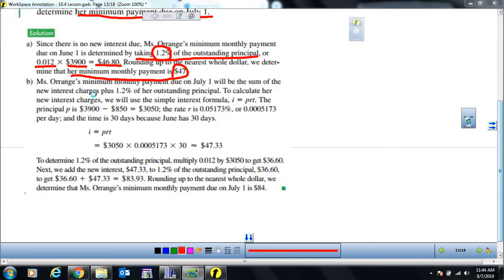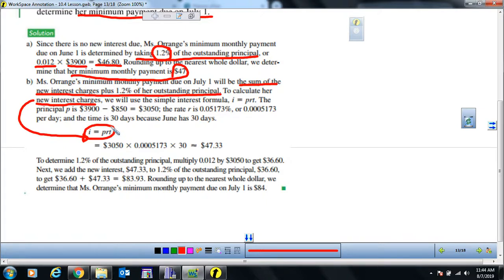So Ms. Orange's minimum payment due on July 1st will be the sum of the new interest charges plus 1.2% of her outstanding balance. To calculate her new interest charges, we will use the simple interest formula. New interest charges are going to be calculated with this formula.